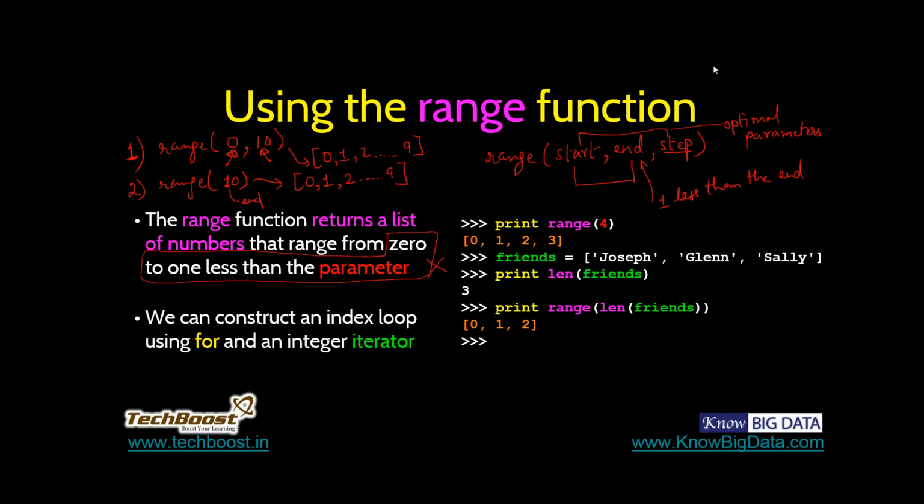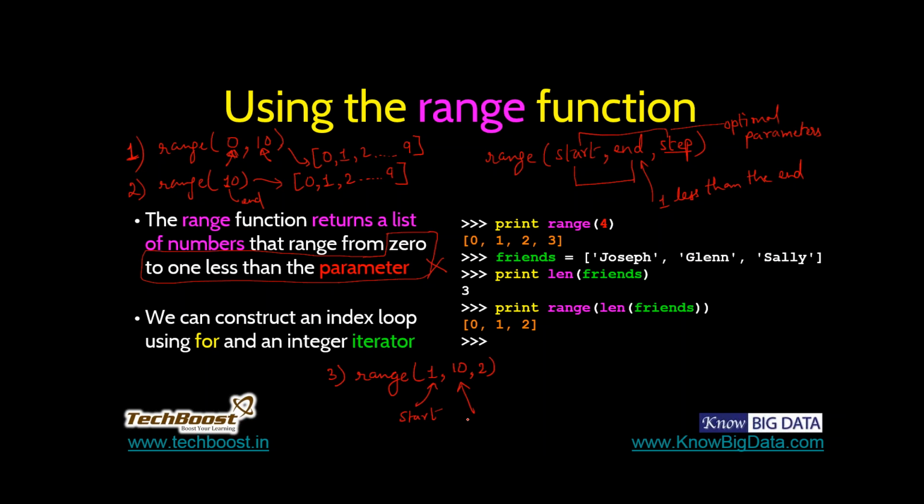Let's see the third variation. The third variation is range of, let's take 1 here, 1 to 10, and step by 2. So what is the start? Start is 1.